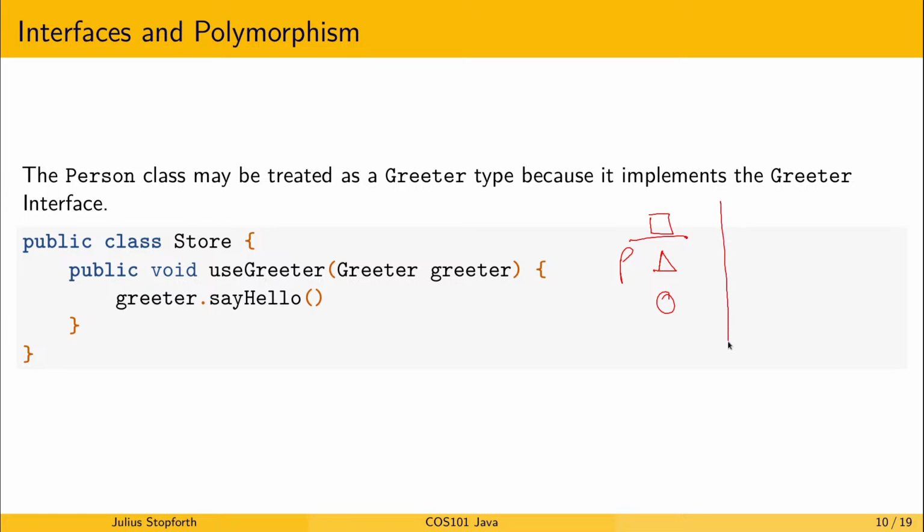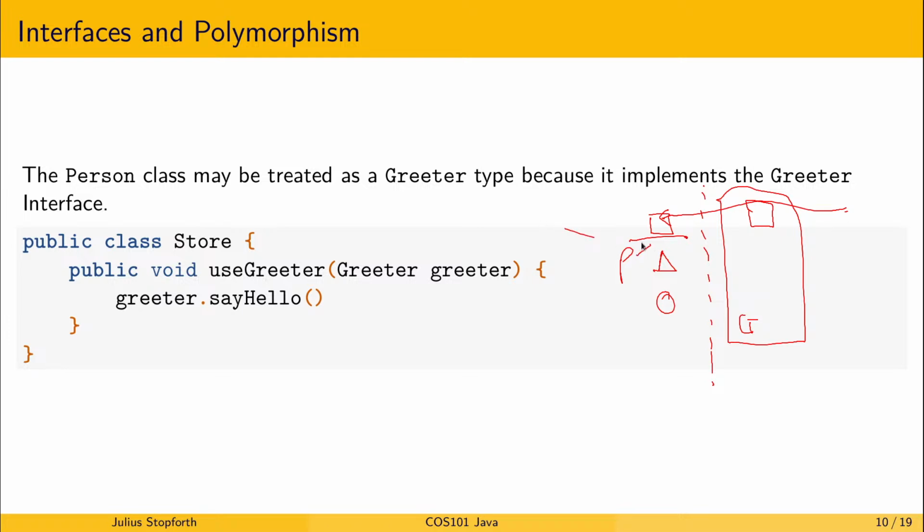When we then use polymorphism, we have a greeter template where there's only a say hello method. So when we say this is a greeter, we can only access the method that the greeter lets us access. That's how polymorphism works. Is everyone okay with that? Yes, sir.